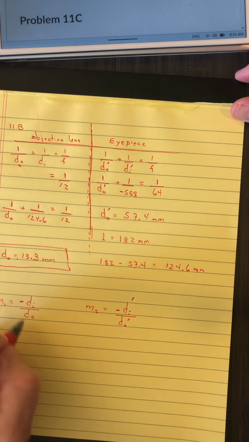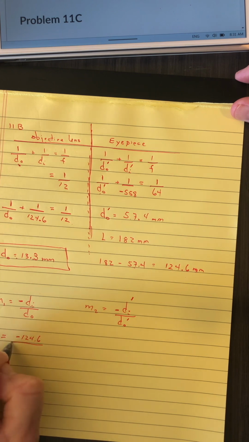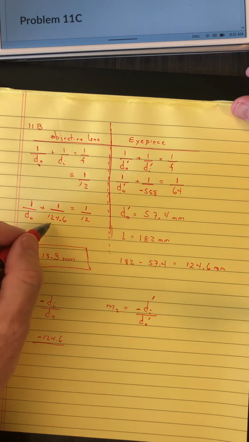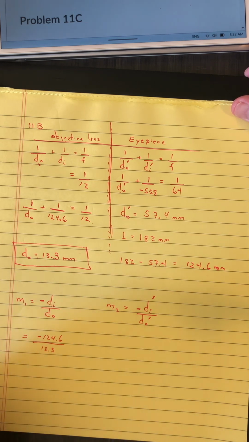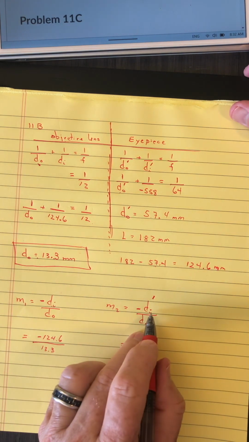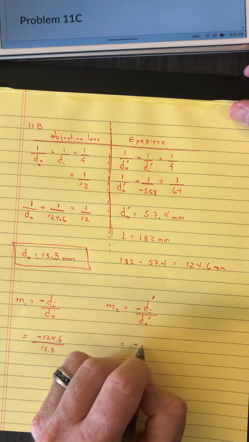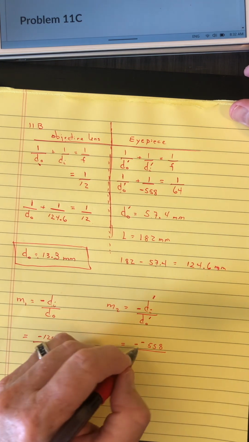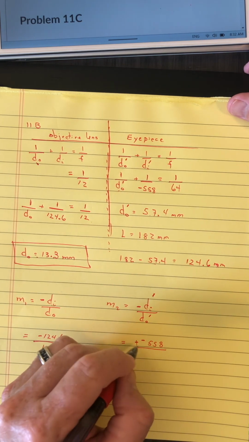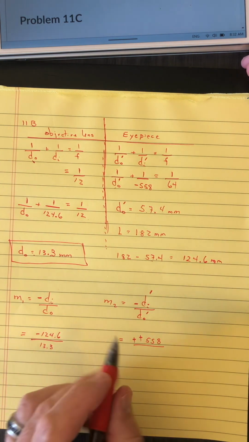Using these numbers, we have a negative 124.6, which we get from right here for the image distance, and the object distance is 13.3. For the second lens, the image distance we said was a negative 558. With the first negative and the second negative for the distance, that makes two positives.